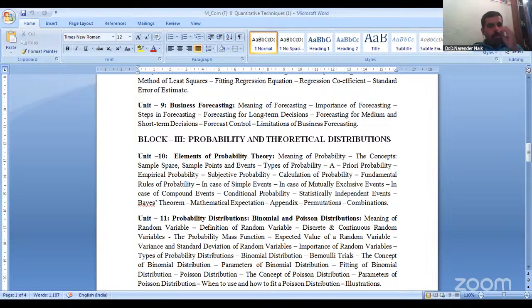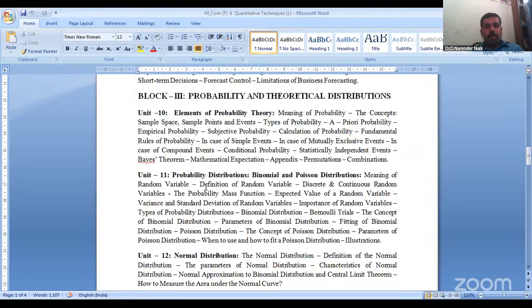Meaning of random variable, definition of random variable, discrete and continuous random variable, the probability mass function, expected value of random variable, variance and standard deviation of random variables, importance of random variables, types of probability distributions, binomial distribution, Bernoulli trials, the concept of binomial distribution, parameters of binomial distribution, fitting of binomial distribution, Poisson distribution.